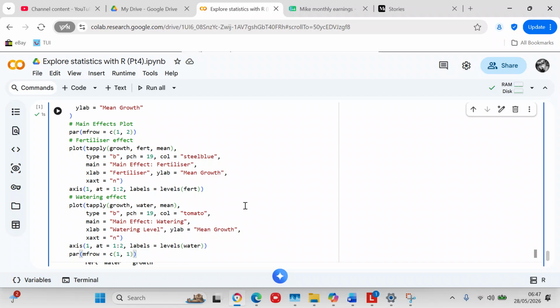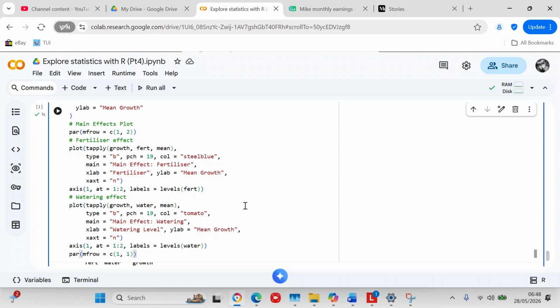Then we're going to calculate the water effect on this chart. So plot, tapply growth, water, mean. Type equals b, pch equals 19. Color equals tomato. Main is your title, being main effect watering. X lab is the label on the x-axis, watering level.